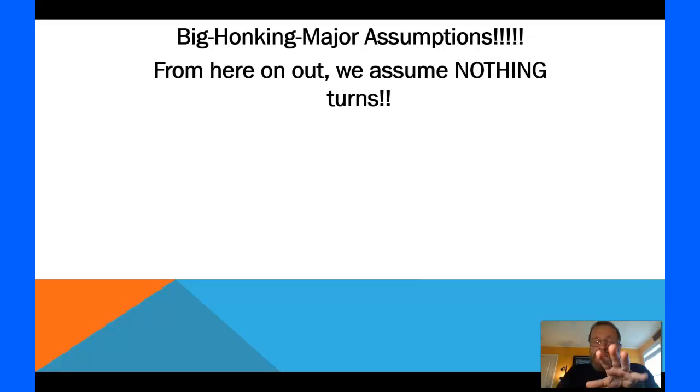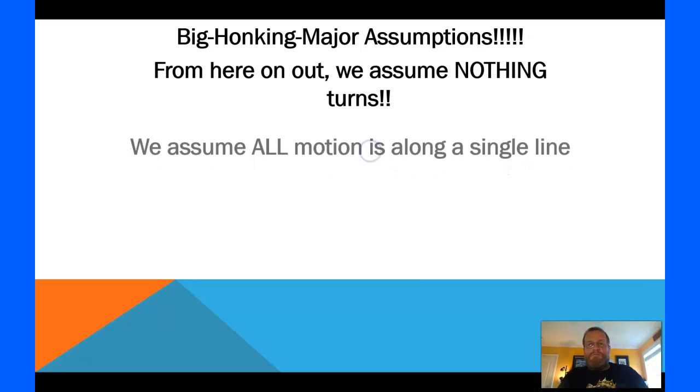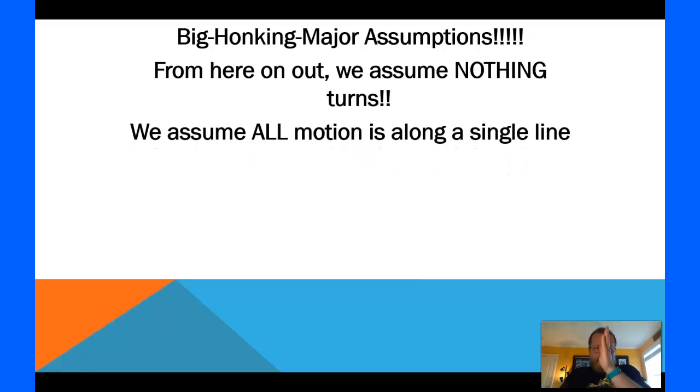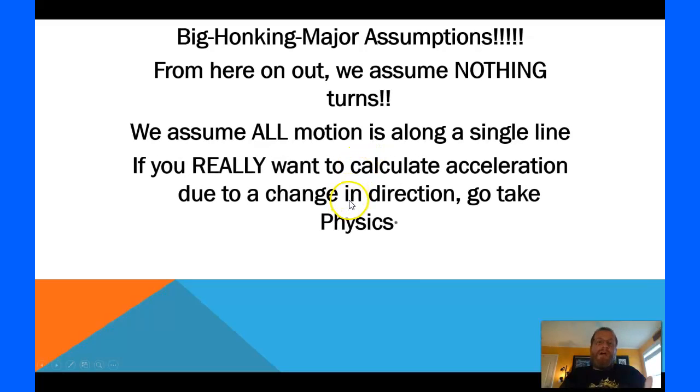You have to remember that turning is accelerating, but I'm never going to make you actually calculate acceleration from turning. No. We assume all motion is in a single line, speeding up, slowing down, turning around. If you really want to calculate acceleration due to change in direction, go take physics in college. I don't even do that in physics class for high school. No.